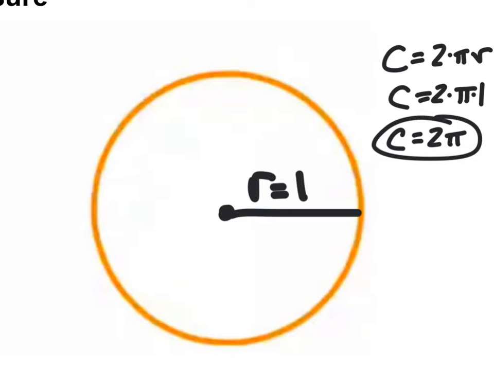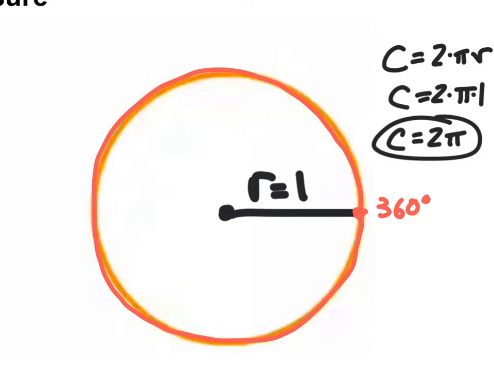So if you wanted to talk about doing 1 revolution around this circle, a revolution of 360 degrees, that's in degrees. If you wanted to talk about the actual length that you go, it would be 2 pi.